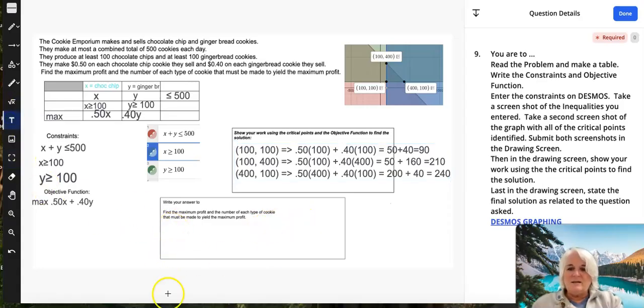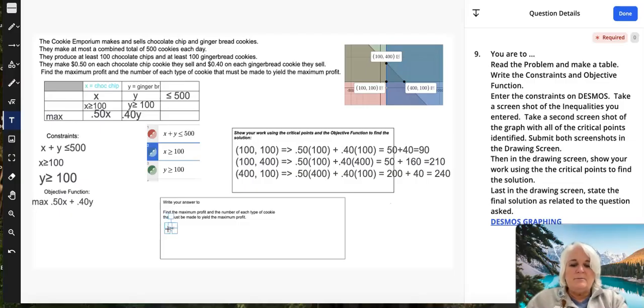Okay, so my final answer is that I'm looking at the question, find the maximum profit and the number of each type of cookie that must be made to yield the maximum profit.